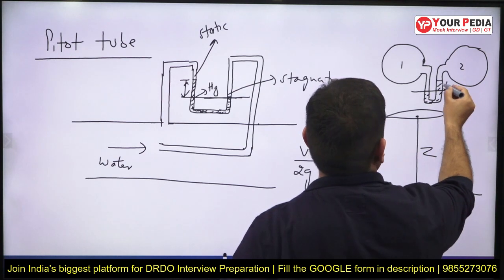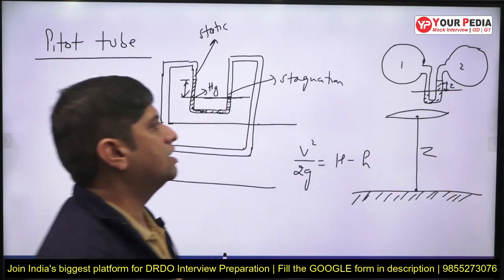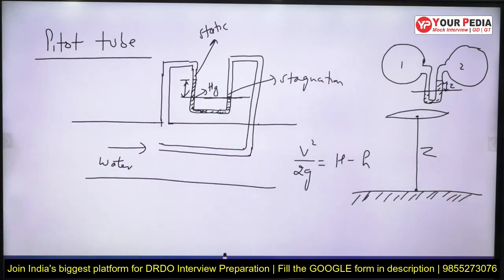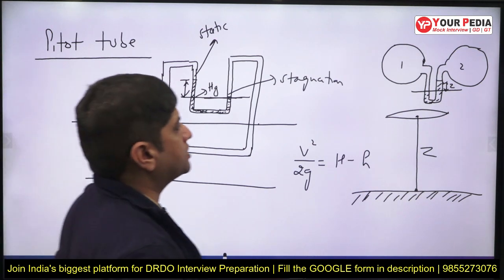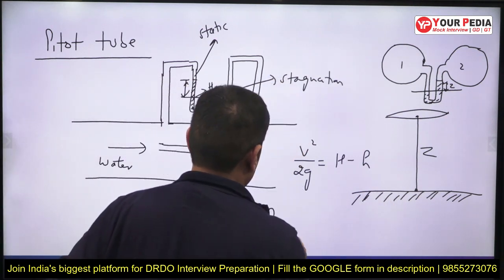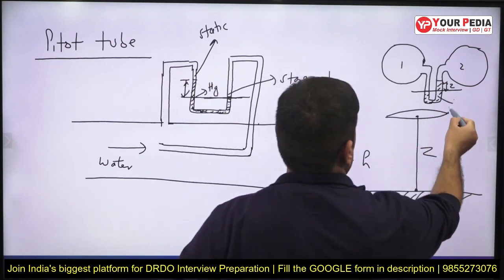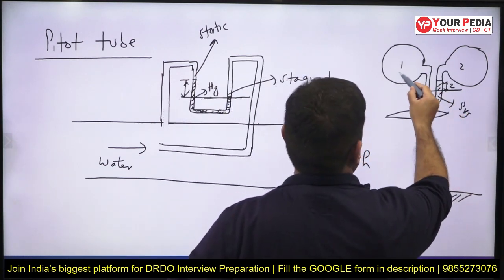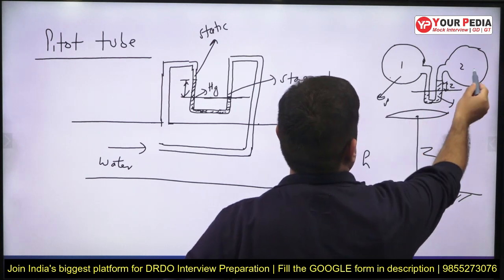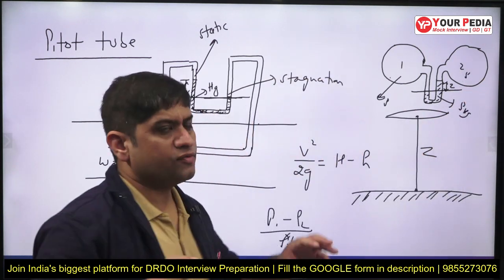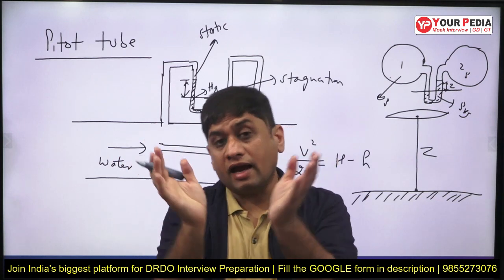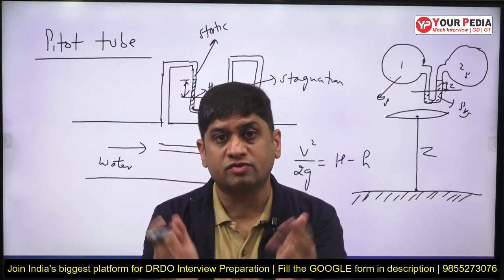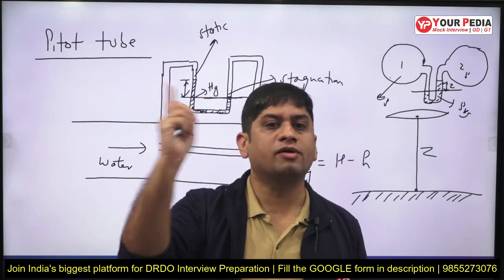The manometric limb difference Z gives me the difference between the two pressures, P1 minus P2, that is P1 minus P2 by rho g. Here this is the rho of mercury, and this is the rho of the fluid here. So if I give you two points and I want the pressure difference between them, a differential manometer is used.